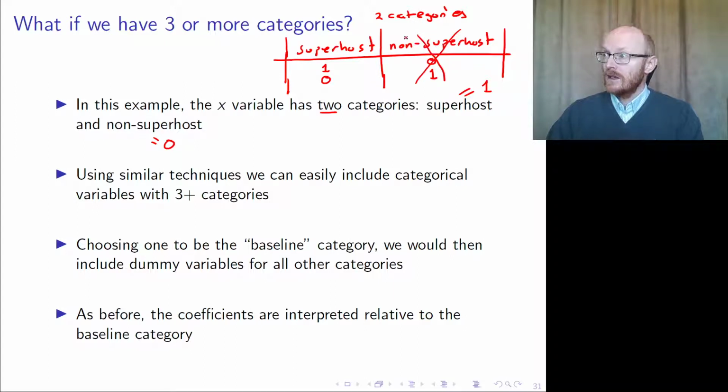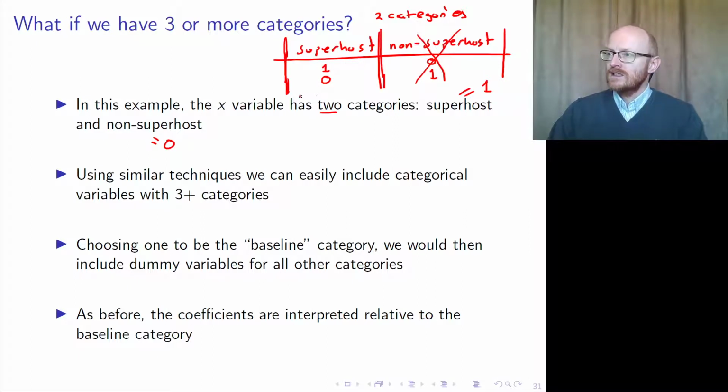That's why you only keep one of these dummy variables in the data set, because this one variable, the superhost variable, gives you the information you need to see whether a data entry contains a superhost or non-superhost.